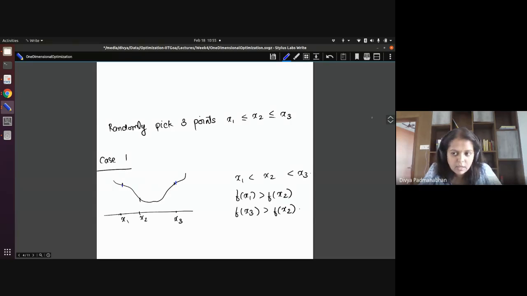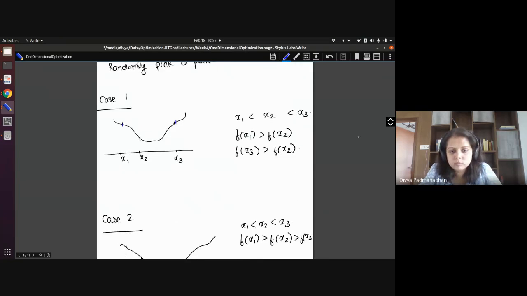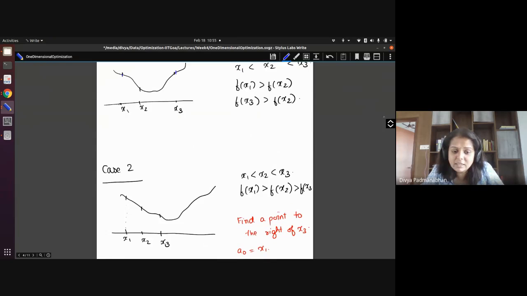If not, there are different ways this could fail, where this doesn't happen. One case is where you picked 3 points, x1, x2, x3, but the function looks this way, so you only are seeing this part of the function.